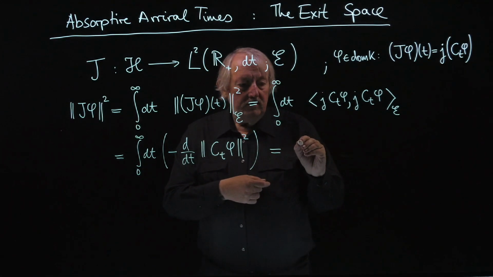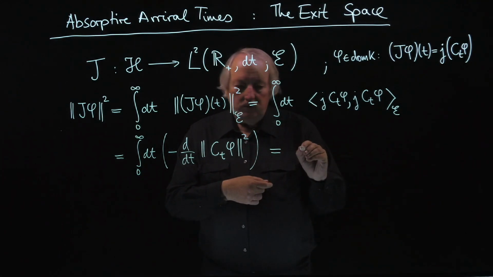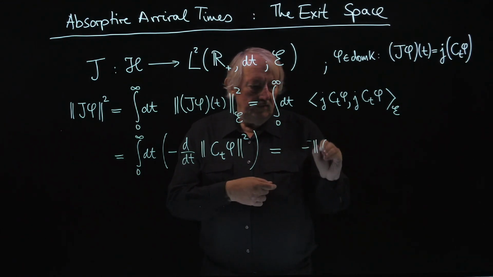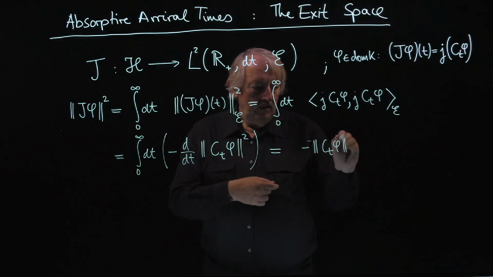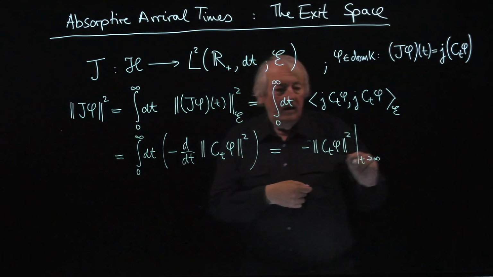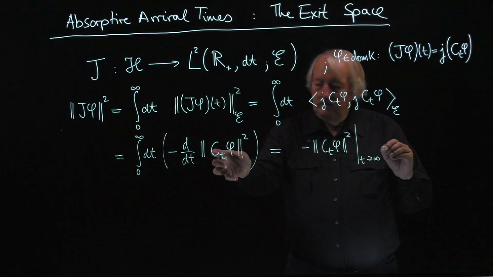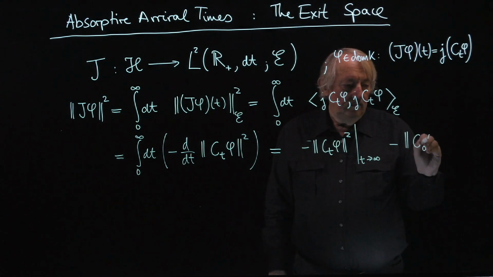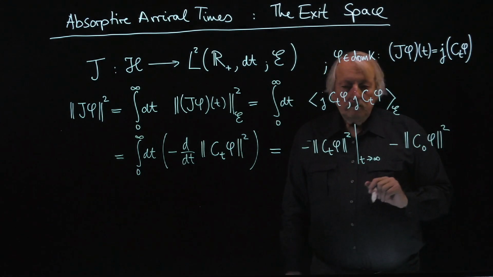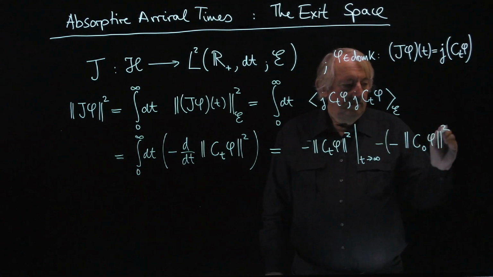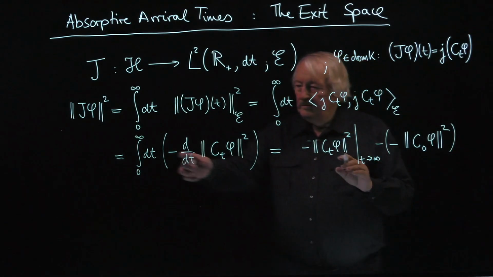So this is simply minus the norm of c_t phi squared at t goes to infinity, minus the norm squared at 0, which is just the identity. So these are just the boundary values.